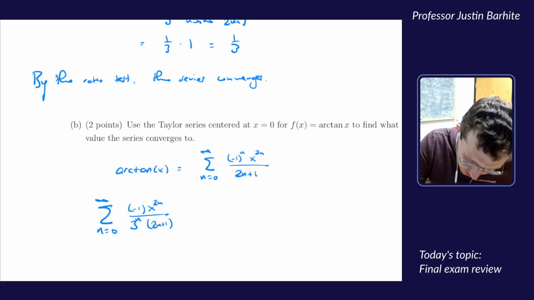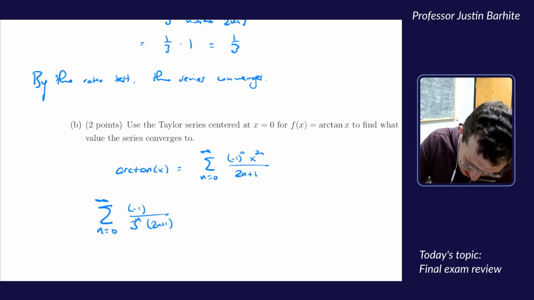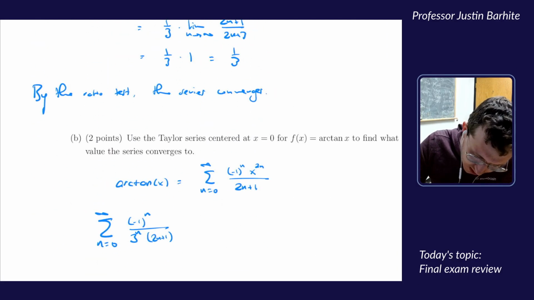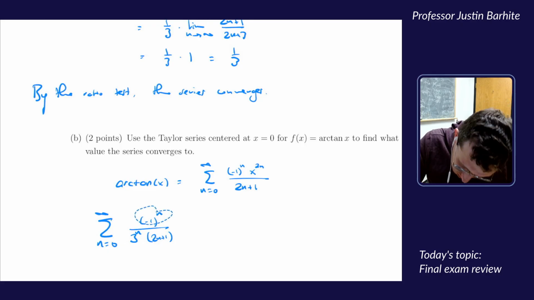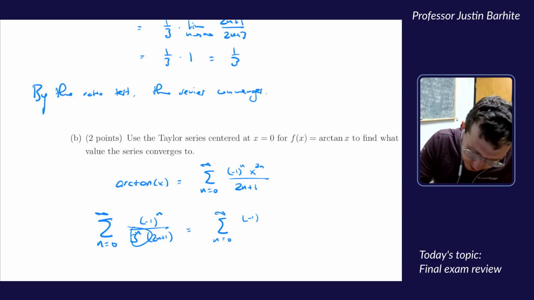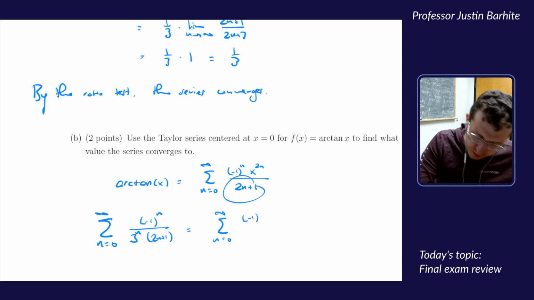Oh, sorry, there wasn't even an x to the 2n. Here we go. So we're looking for a value of x that would make these match up exactly. I see the 3 to the n down here, but there's nothing like that up there.